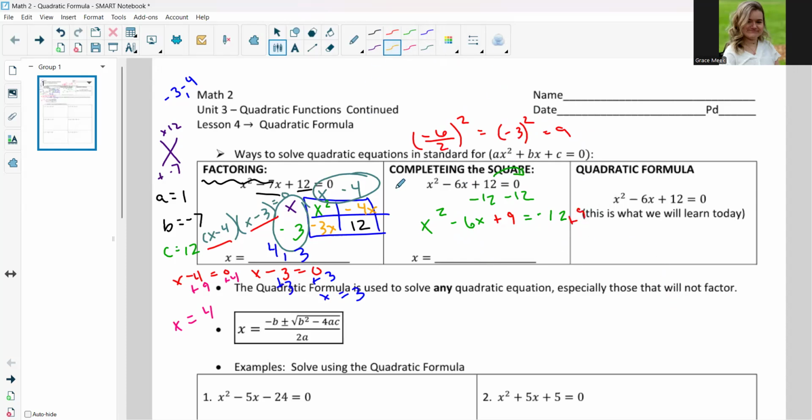Perfect. And then I would get this over here, which is a perfect square trinomial. So that means I can make this x minus 3 squared equals -3.